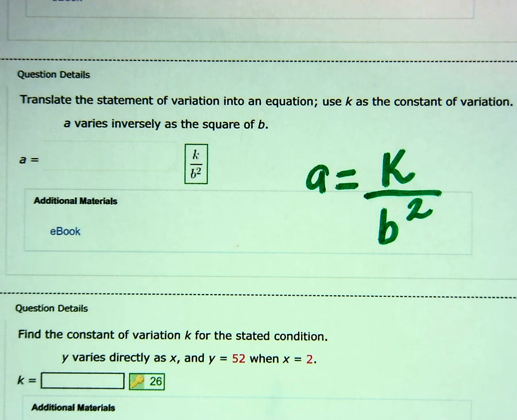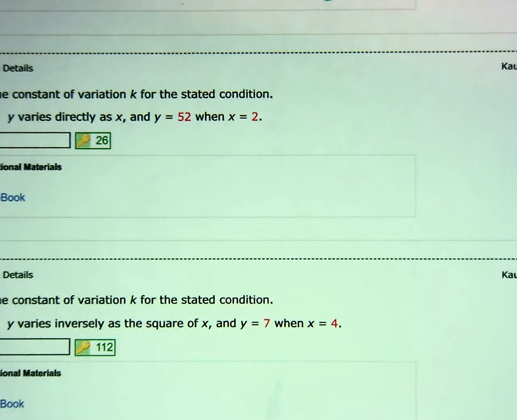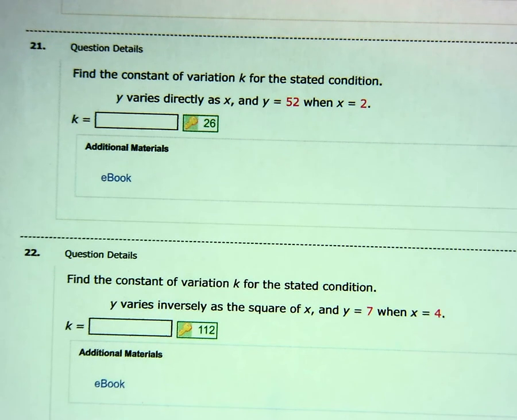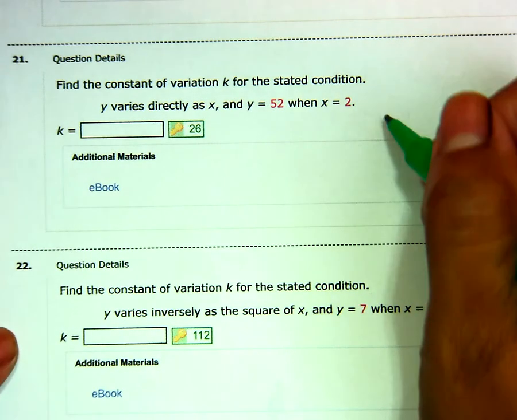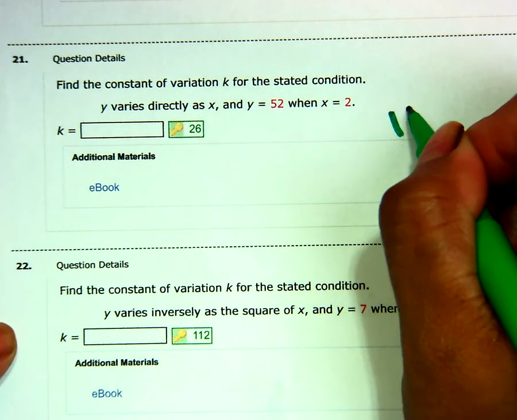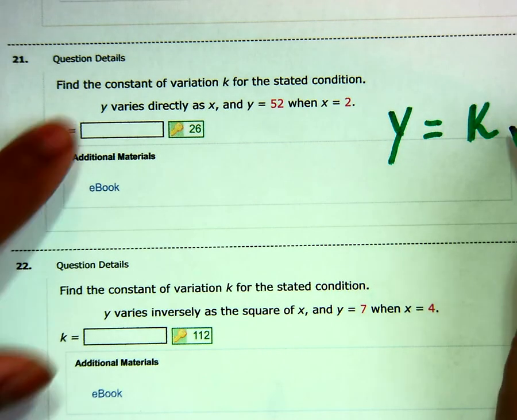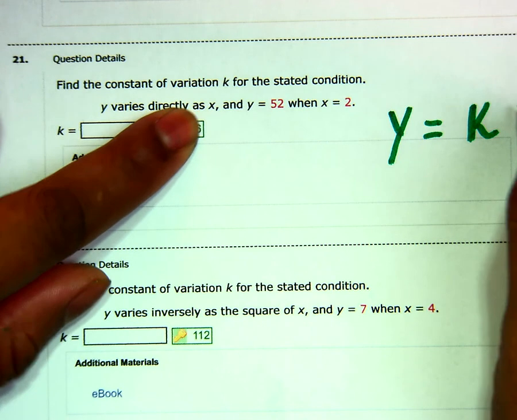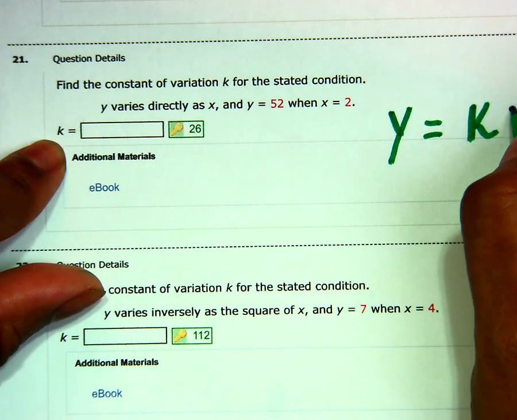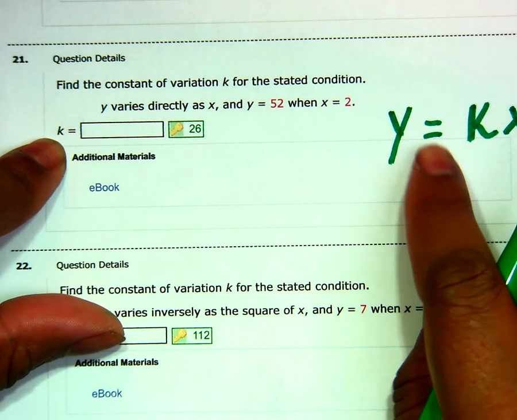But wait, there's more. For 21, let's read it. And once we read it, we've got to figure out what is going on. It's also asking for k. If I wrote it similar to what we did for number 19, I'm going to have y equals, and then I know I'm going to have a k, because that's your constant. y varies directly as x, so I don't have to square or cube anything.